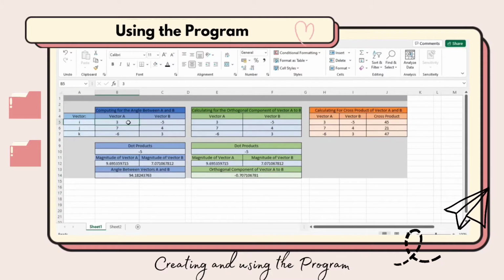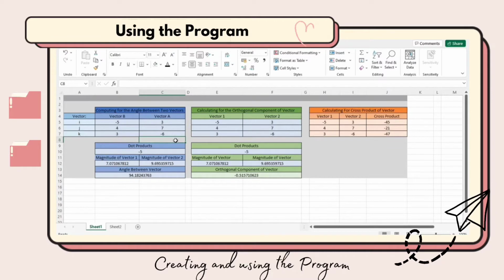Now, I will try to solve the other problems using the program that we made. For the orthogonal component of vector B to A, we can just swap this. So for the orthogonal component of vector B to A, the answer is negative 0.52.